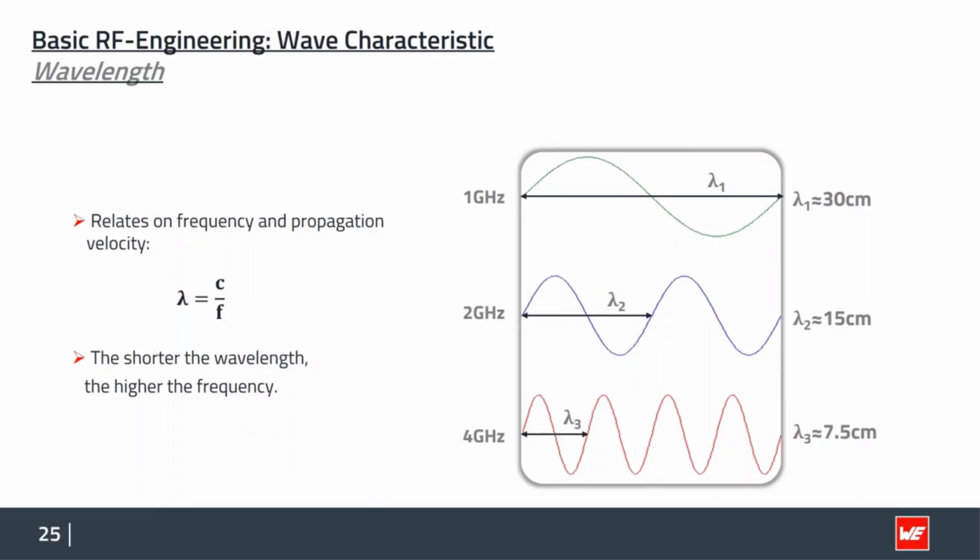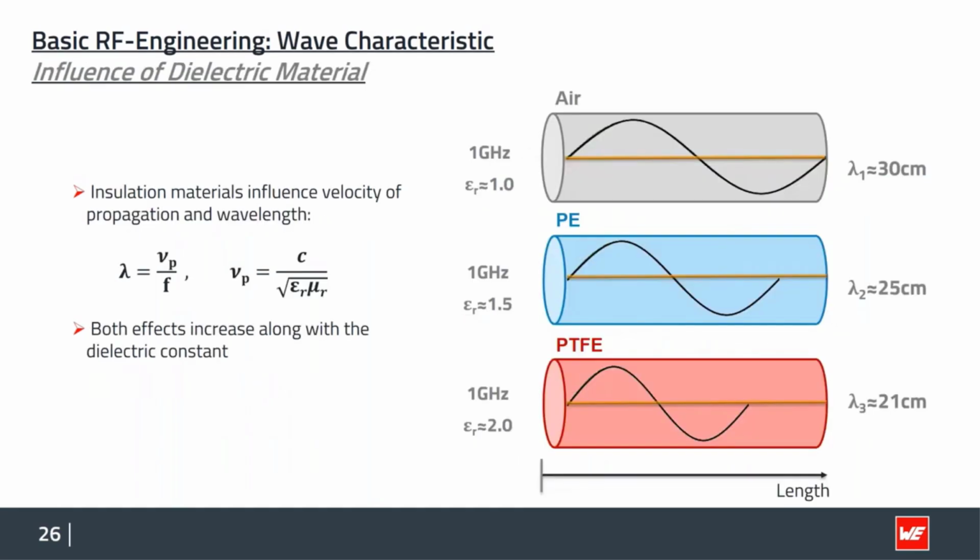If you already heard, I said in air. So this means there is, of course, an impact also of the material where we want to transmit our wave. And this is, of course, the influence of the electric material. So air has an epsilon R, so the relative permittivity, of 1.